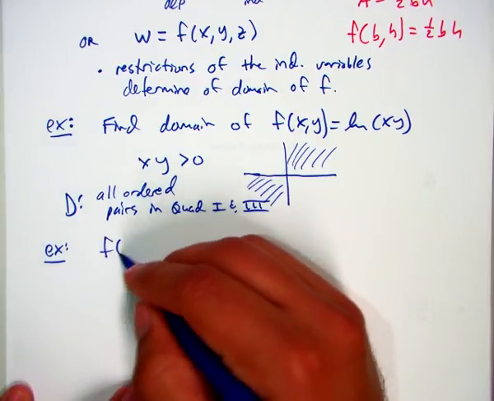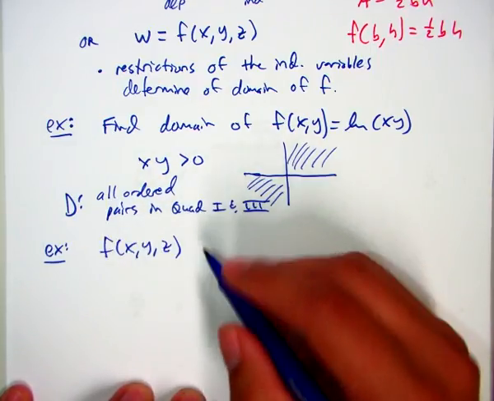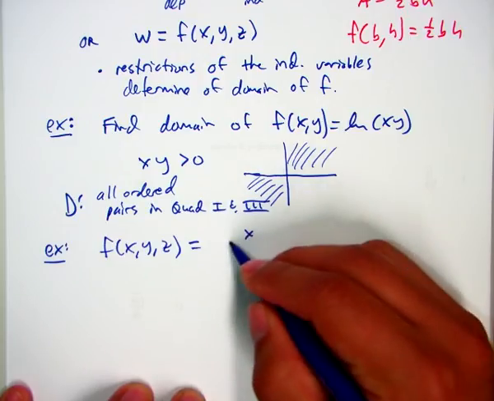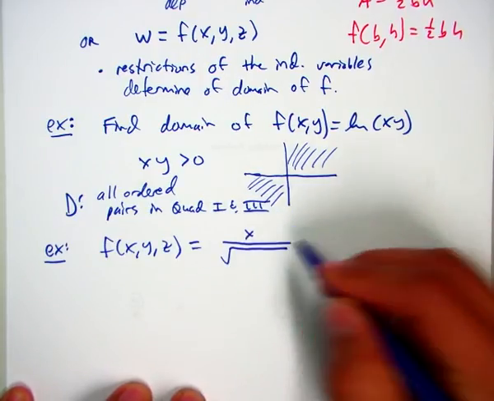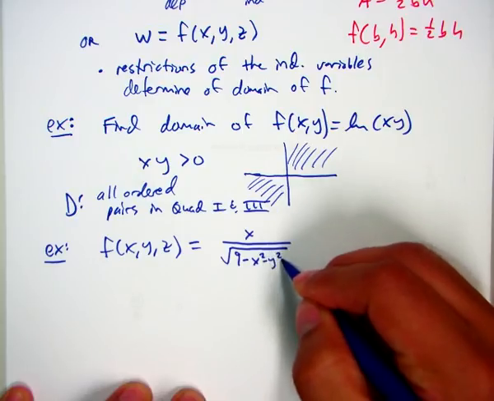Okay, so let's say we have f of x, y, z equals x over the square root of 9 minus x squared minus y squared minus z squared.